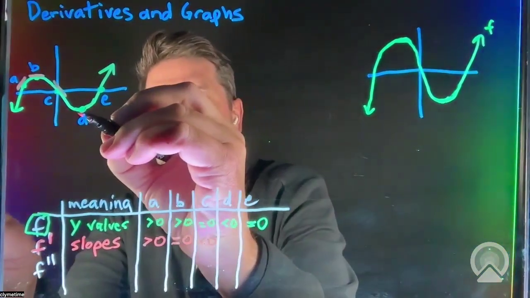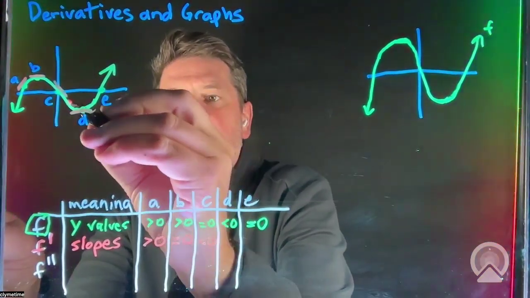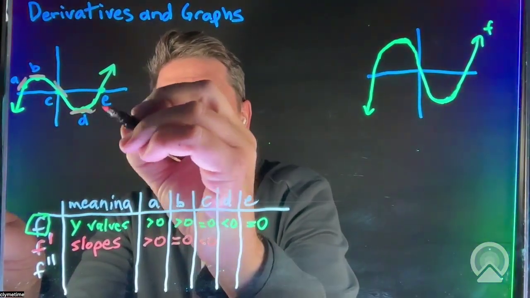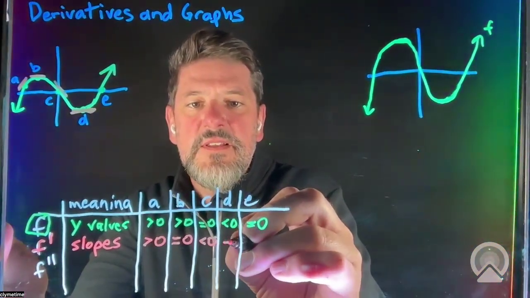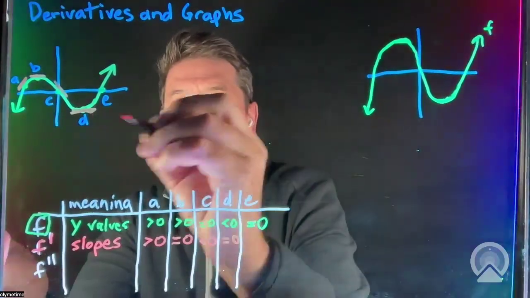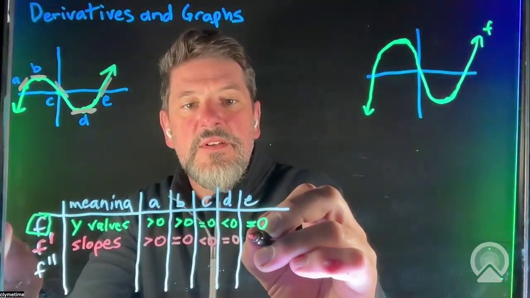And at D, again, it's going to be flat because this is at the bottom of a little dip here. And so the slope of the tangent line should be 0 there. That's what I'm trying to show by having it at the bottom there. And then E, I'm going uphill again, and so my slope is greater than 0.